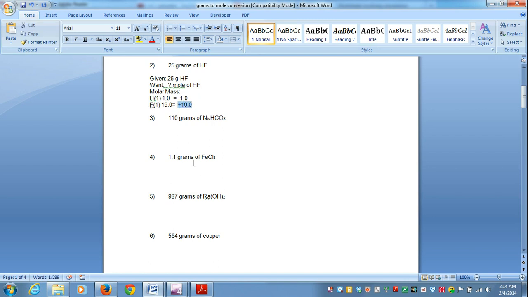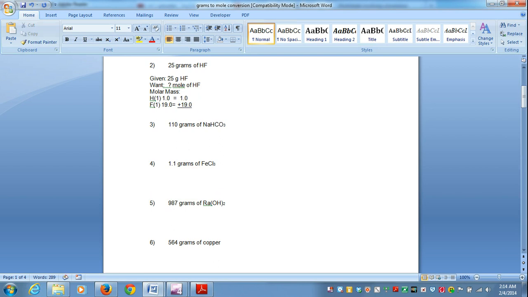And we end up with 20.0 grams of HF per moles of HF, right? Per 1 mole of HF.